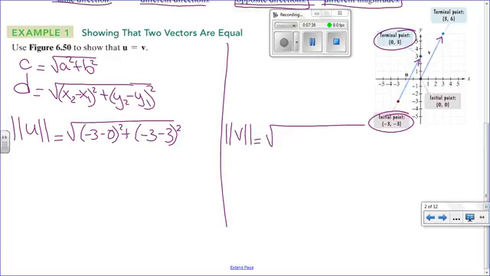And instead of calling it D for distance, you could just use the symbol for magnitude, so you get used to it, okay? Yes, Lizzie?